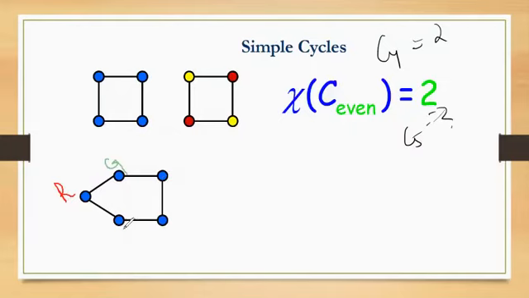This again can be green, since both of these are not connected. Now what about this one? It can be red.